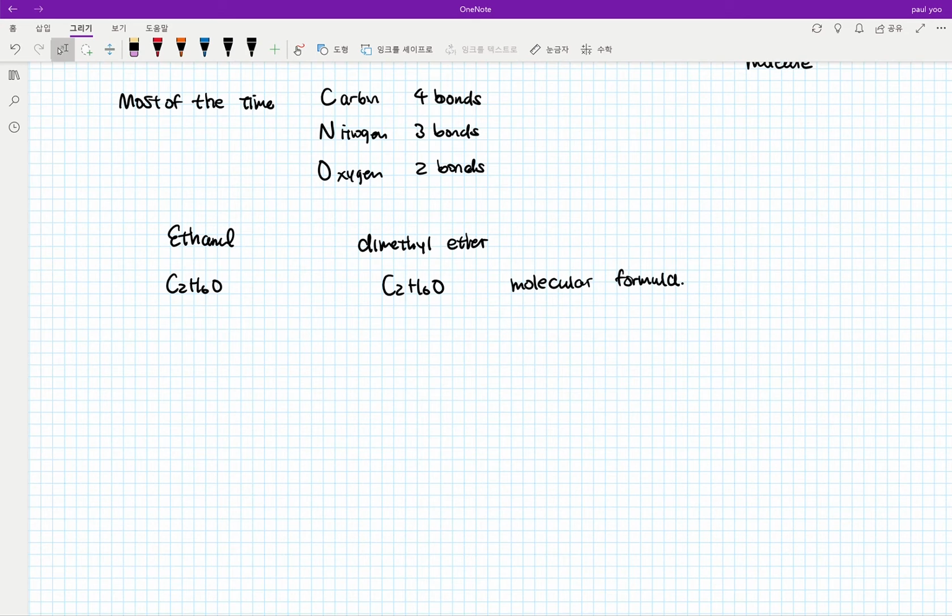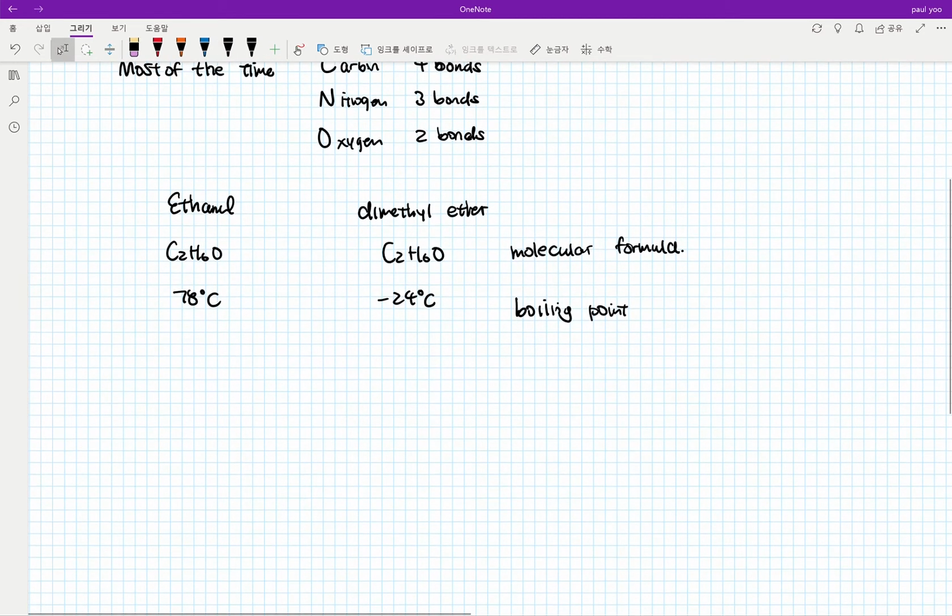But their properties are quite different. As an example, they have boiling points of 78 degrees Celsius for ethanol and negative 24 degrees Celsius for dimethyl ether. So in this case, when they have the same molecular formula, we call them isomers.